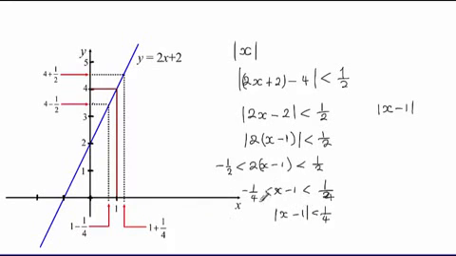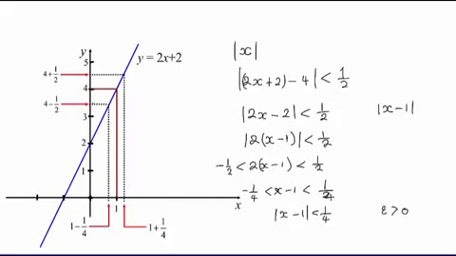Now we want to discuss this in a general way, whereby we're not choosing a number like half or a quarter, but any actual number, which we're going to denote by epsilon. Epsilon should be a number greater than 0, which you can choose as small as you wish.